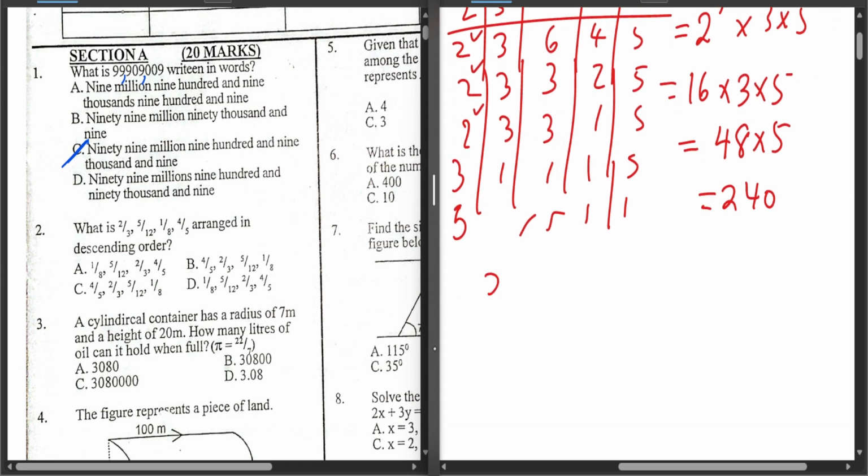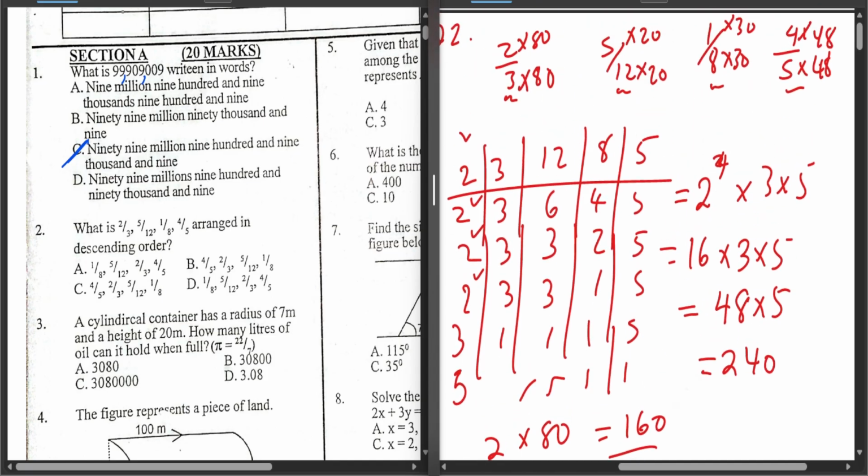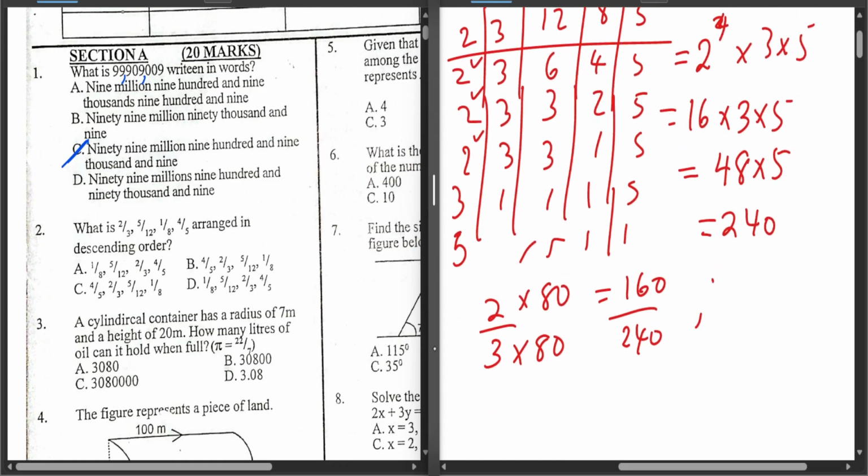So for 2 over 3, for you to get 240 at the denominator, you multiply by 80, and you get 160 over 240. For 5 over 12, you multiply by 20, you get 100 over 240.